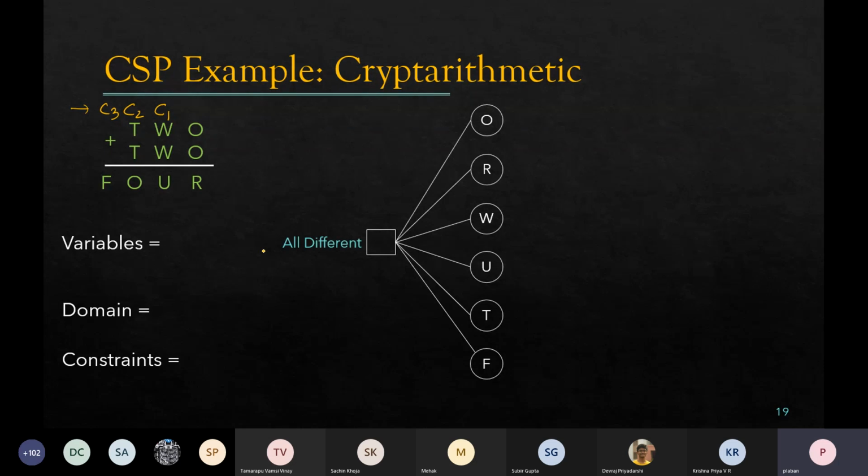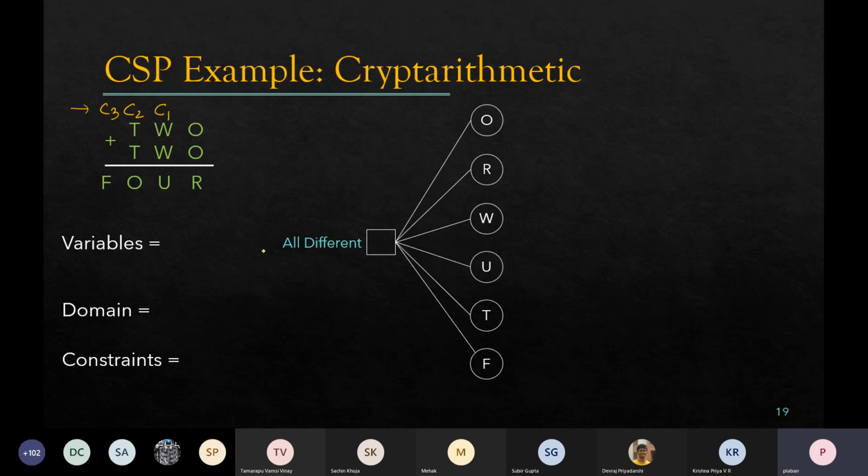So this constraint graph is different from the constraint graph that we have talked about for the map coloring problem, right? In the map coloring problem, we had a binary CSP, because we were having two variables in our scope, and the relation between these variables that we have talked about. So that is a binary CSP, and consequently, our constraint graph was a binary constraint graph.